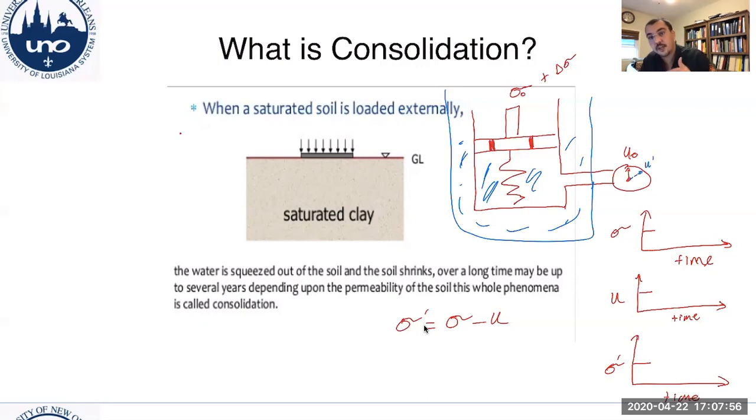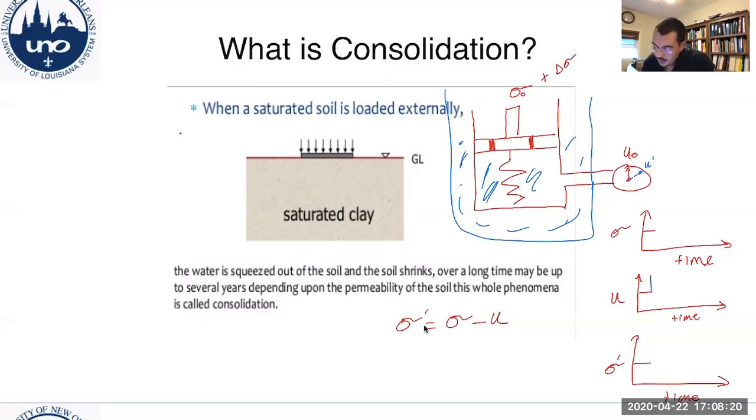So you're going to have an increase in pore water pressure, right? Because the valves are closed and we are compressing it. And that will look like something like this, and it's going to be proportional to the extra stress that we applied.